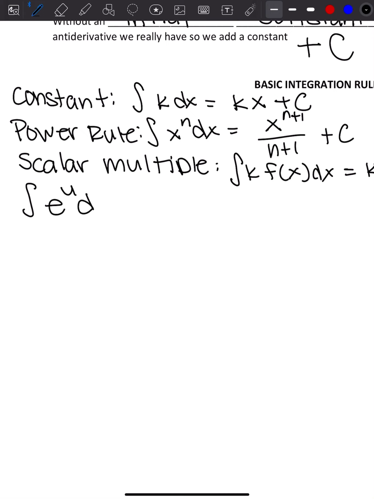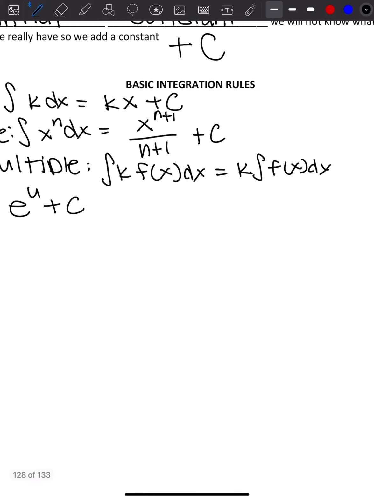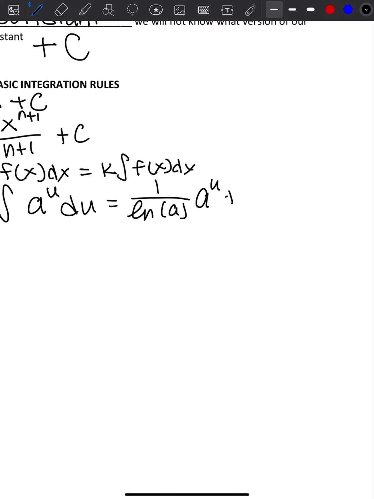So e to the u, its derivative is e to the u, so its integral is still e to the u. Just like e to the u, if we have a to a power, so something that's not e, we are going to have 1 over natural log of a, times a to the u, plus c.